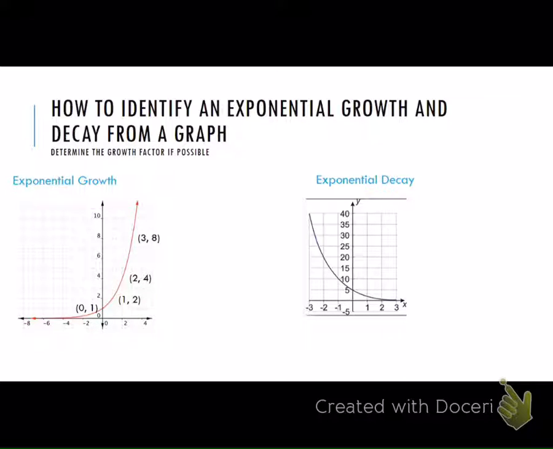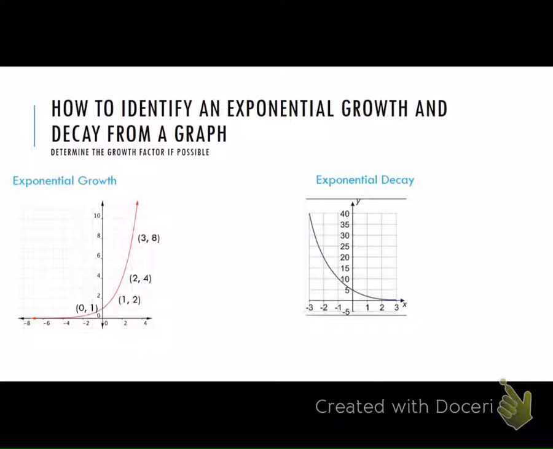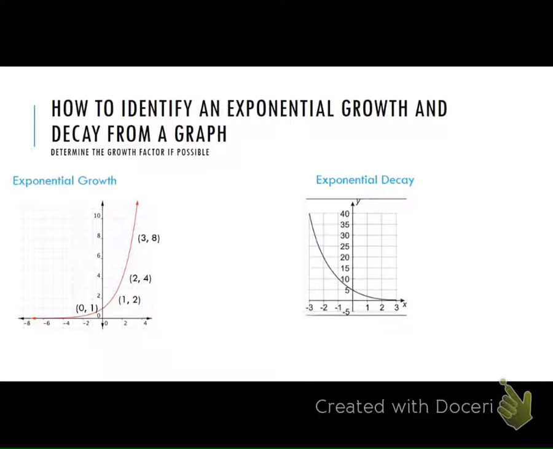Why do you think the left one is growth and the right one is decay? Raise your hand. Why do you think the left is growth and the right is decay, Connor? Perfect. Growth means going upwards. Do you see how this J shape is going upwards if you read it left to right like a book? Do you see how this one's going downwards? Okay, so that's what makes it growth and decay.